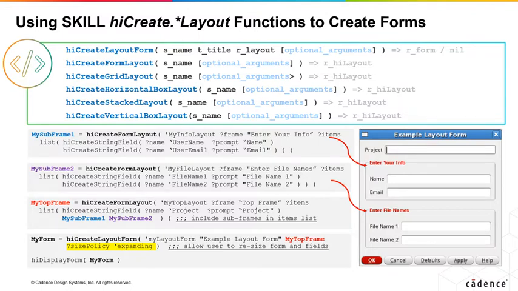So this is a simple example showing you a couple of subframes, a top frame, and then the creation of the layout form by including those, and then specifying the size policy as expanding.